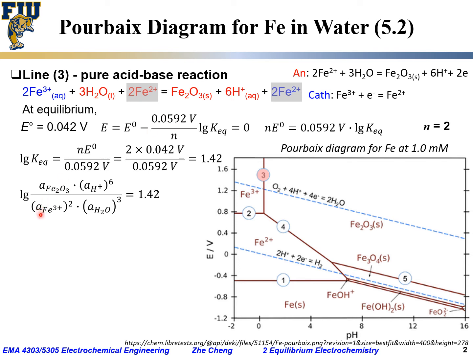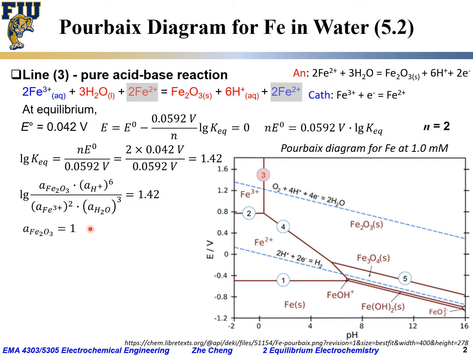And then in the denominator we have activity of iron 3 plus, but raised to the power of 2 because of the stoichiometric coefficient of 2 here, times activity of water, but also raised to the power of 3. Okay, this whole thing, reaction constant, take log, would be equal to 1.42.